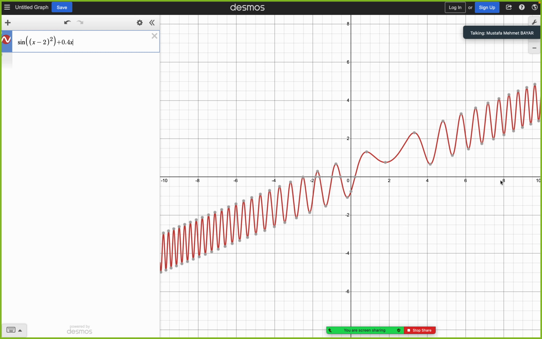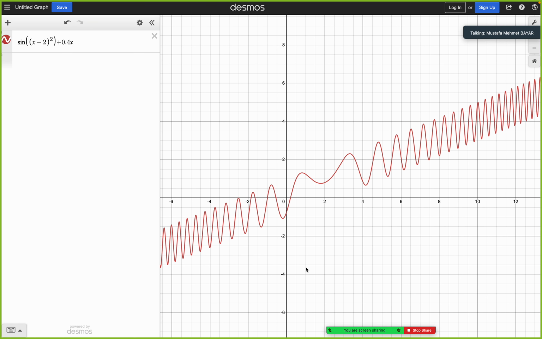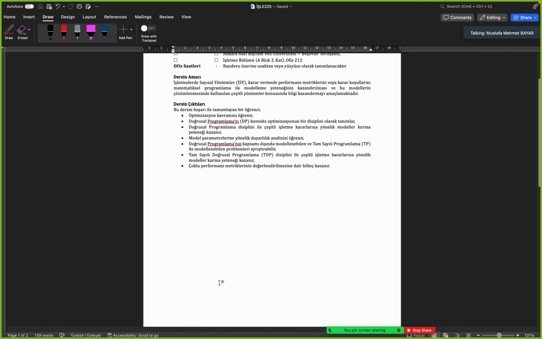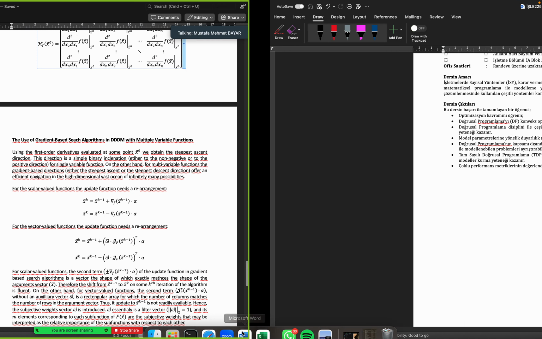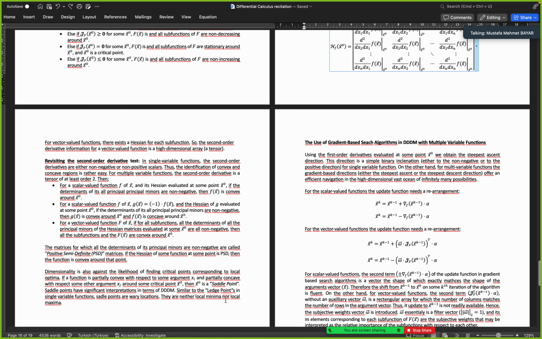So this is your function. What you're asked to find is the slice of this function. To get the slice of that function, I should just read the function first. I'm sorry, the domain first.